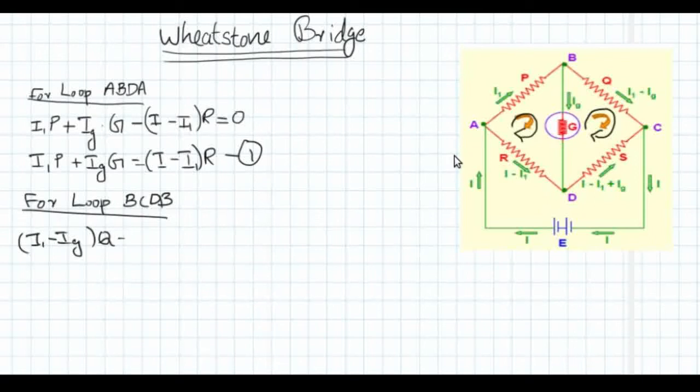Therefore, across the resistance Q, the current is I1 minus Ig, so I into R means I1 minus Ig into Q. Then the next current is through the resistance S, which is not in the clockwise direction. So it is negative I minus I1 plus Ig into the resistance S.